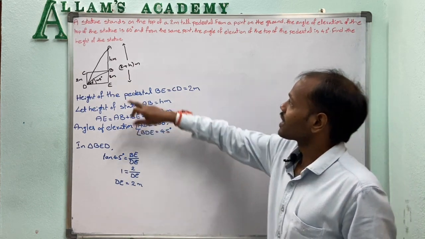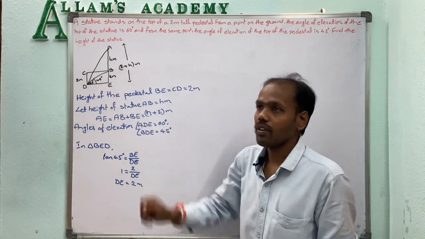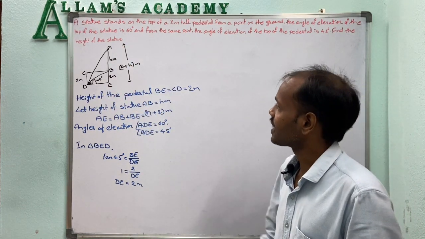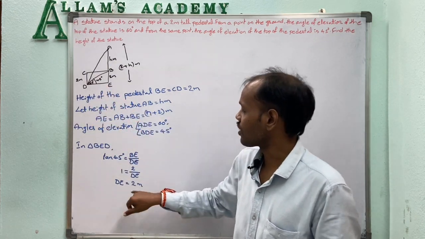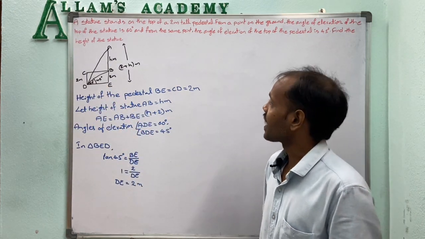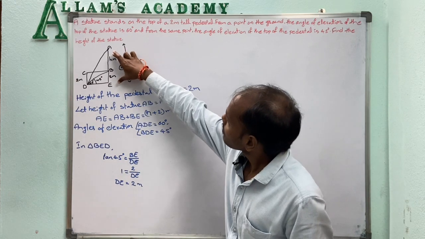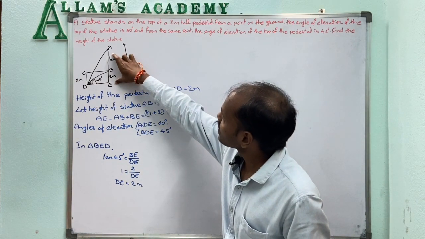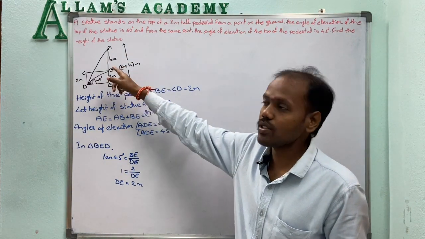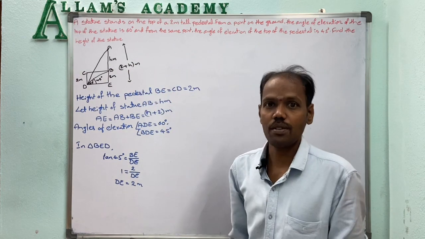So the pedestal base is 2 meters there. Now in triangle ADE, the base DE length 2 meters we know, and opposite to 60 degrees is AE length, that height is h plus 2 meters.